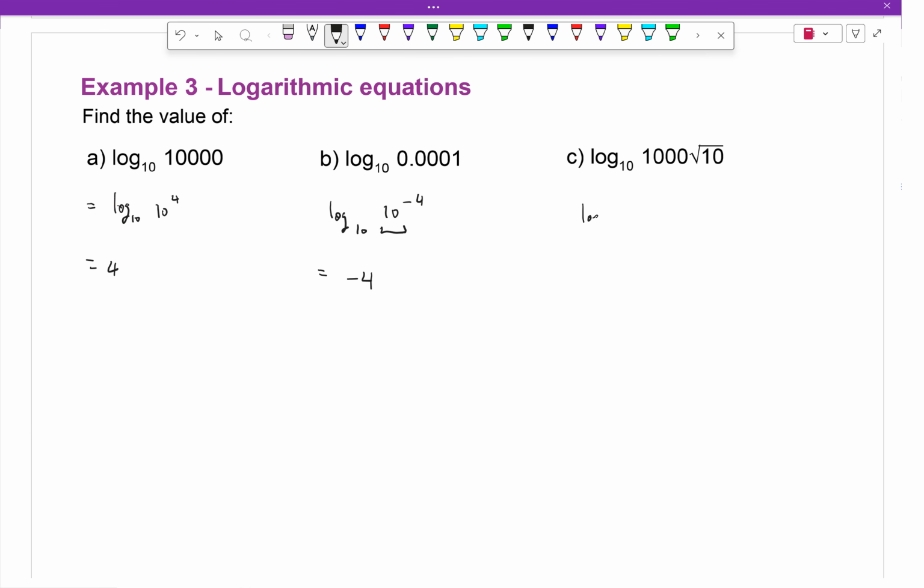Again, log base 10: here we have 10 to the power of 3, and here 10 to the power of 1 over 2. They multiply together according to indices, so that equals 10 to the power of 3 plus 1 over 2, which is 7 over 2 as the power. So our answer here would be 7 over 2.